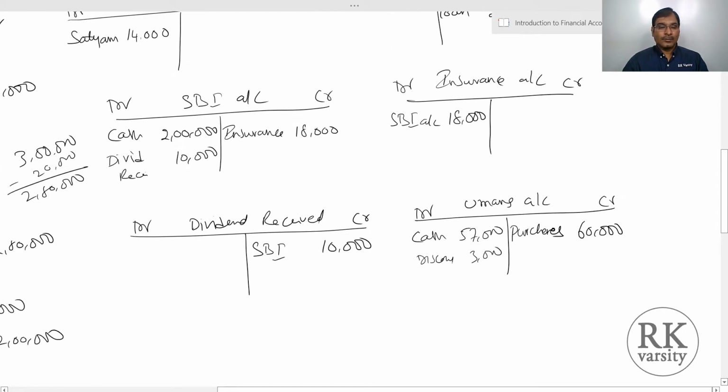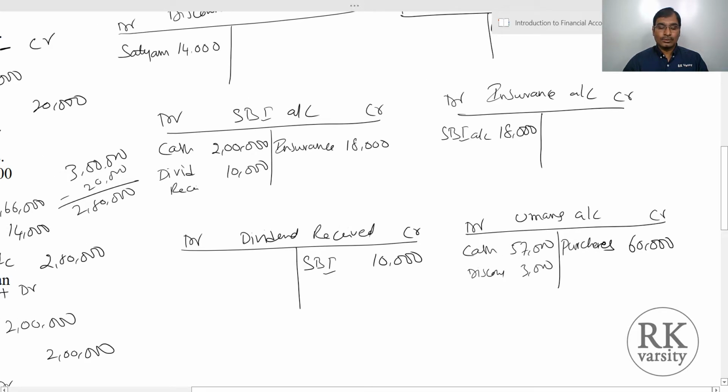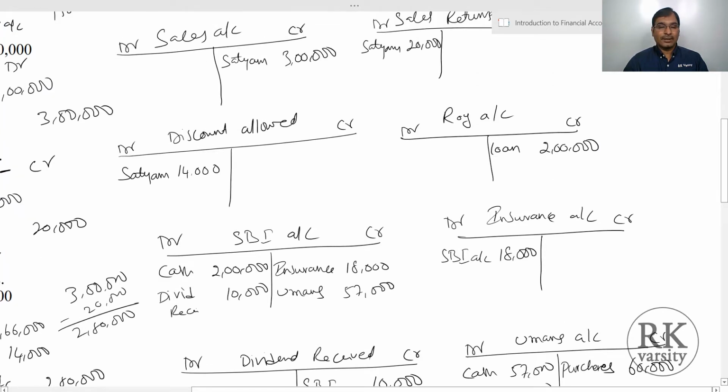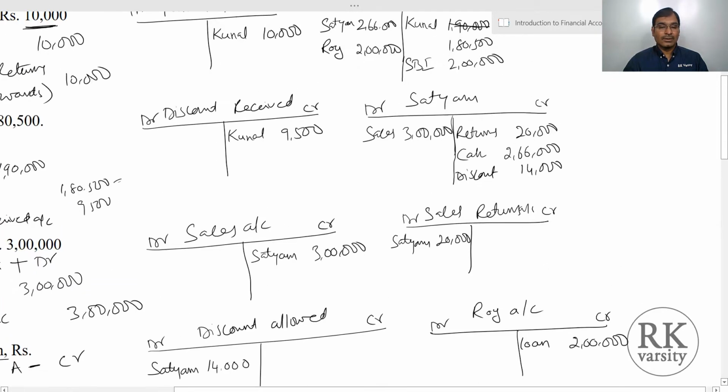Now we paid him through SBI check. So here Umang, and we paid him an amount of rupees 57,000. And where is our discount received? So here we have a discount received from Umang, and the amount is 3,000.